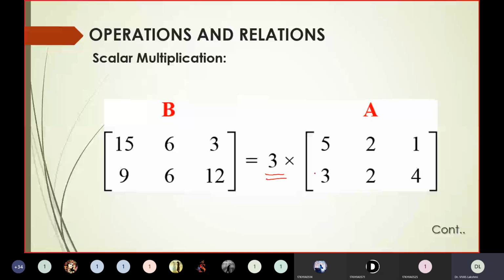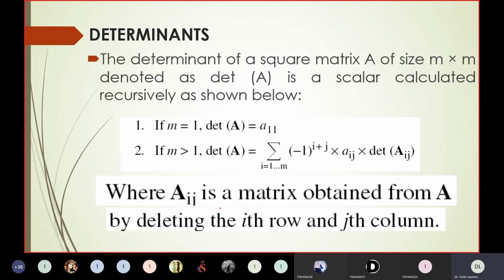Here in this case B is a scalar matrix, because it is n into A. A is a matrix which gets multiplied by an integer, that is 3. Then we get the resultant matrix B. That's why B is said to be a scalar matrix. This is the operation performed by scalar multiplication.